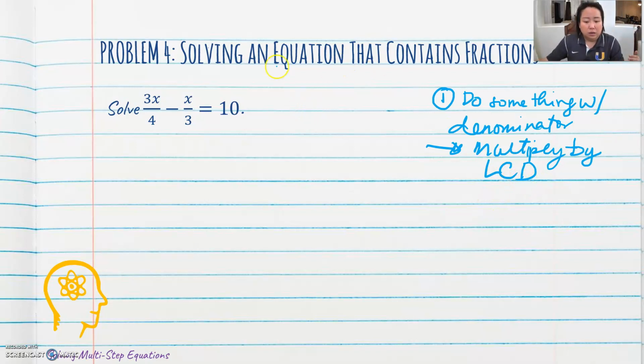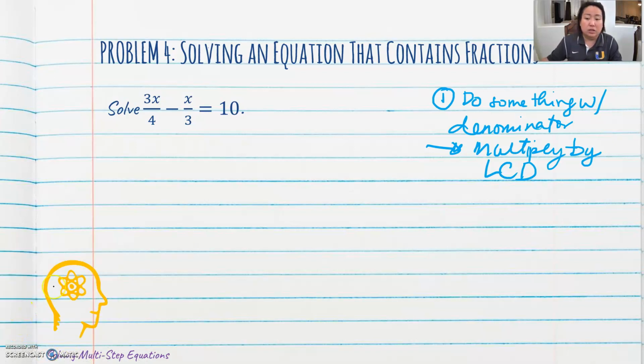So what will be the common denominator if you have denominators 4 and 3? Okay, so the least common denominator between these two, what number, when you multiply 4 and 3, you will get 12, okay? So that is the very first thing that we will do, okay?